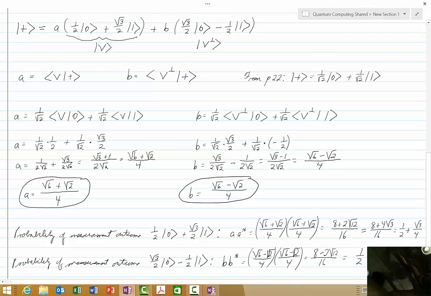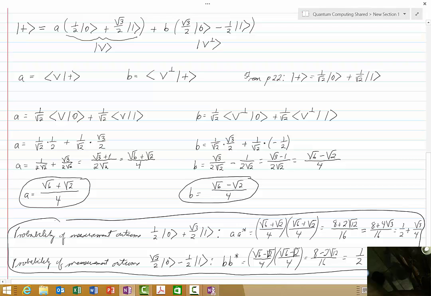And those are our answers. And notice that once again, just as before, and just as we expect, these two probabilities add up to 1, because certainly we must measure one of these two.